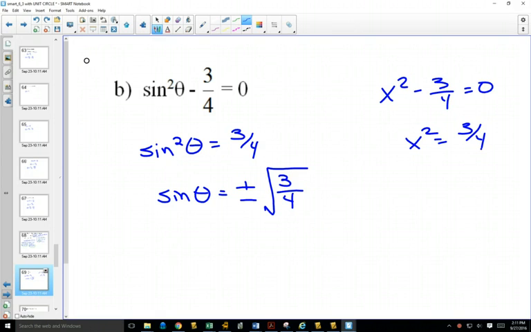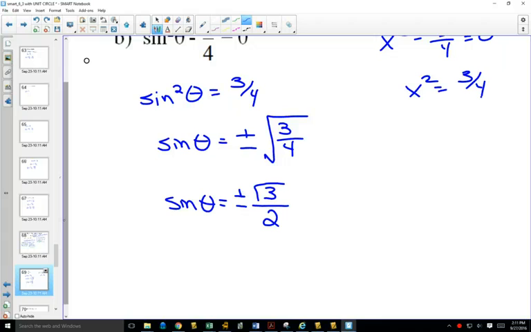And then you have to say, is that on my pie plate? Well, not the way that it looks right now, but can I simplify that? That simplifies to square root of 3 over, well, square root of 4 is just 2. And is square root of 3 over 2 on our pie plate? Yes.